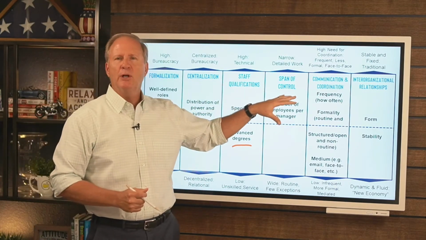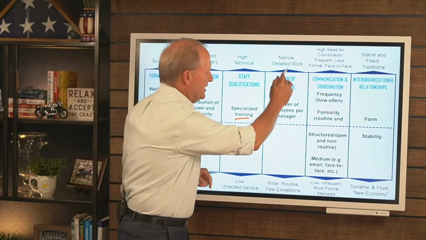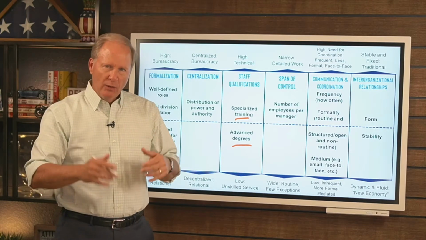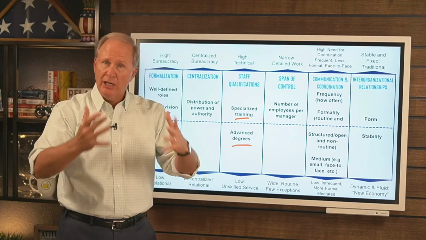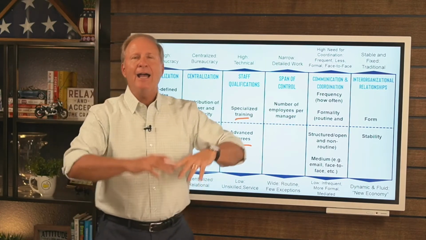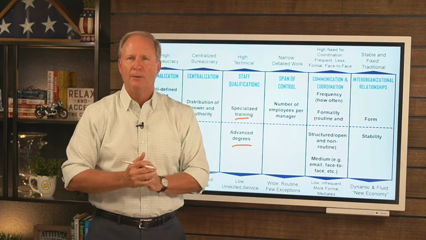The next thing we want to look at is what we call span of control. In span of control, we look at detailed work versus routine work. In general, is there a high number of direct employees to a manager, or a low number?